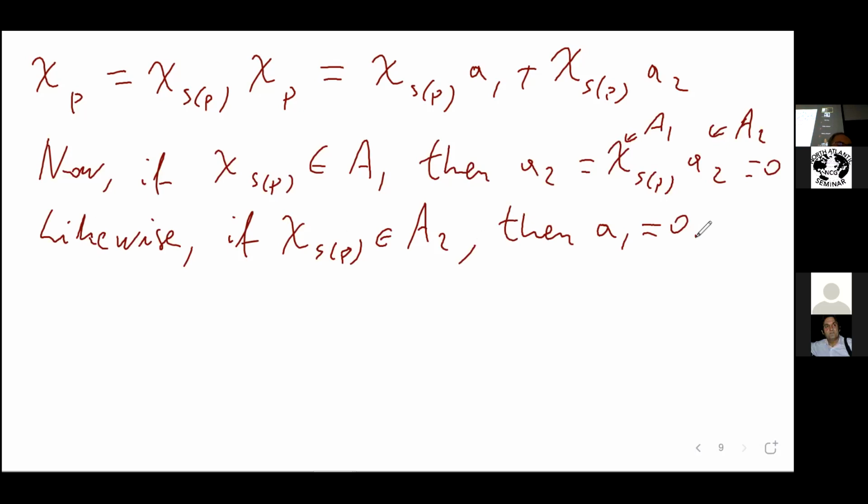But in any case, alpha Q is equal to 0 for all Q that are not P.